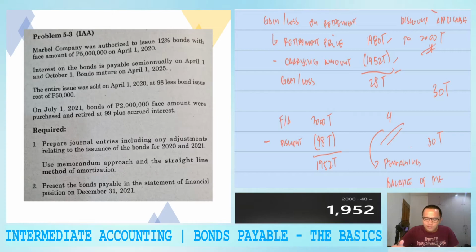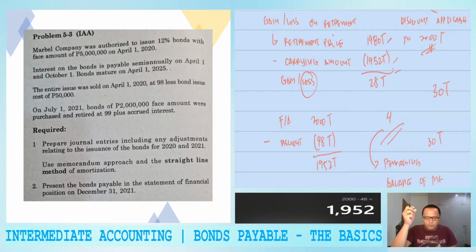So, in that sense ngayon, if we have a carrying amount or if we have an utang amounting to 1,952,000, tapos yung binayad natin is 1,980,000, obviously, that is loss on retirement.